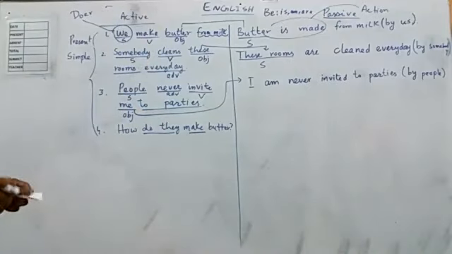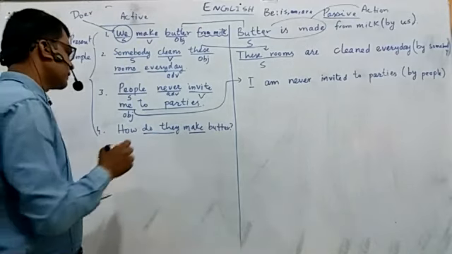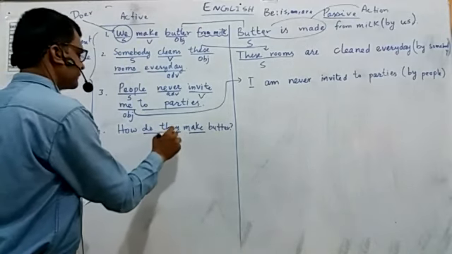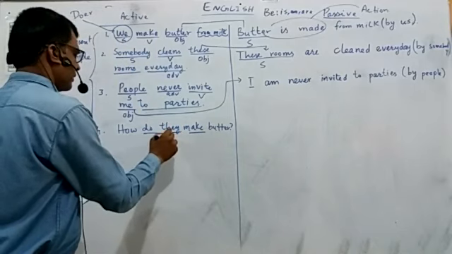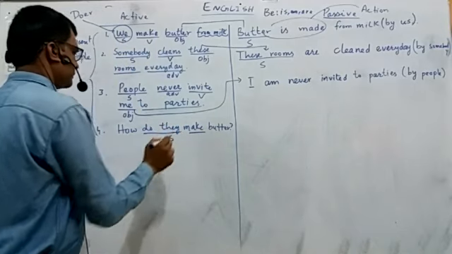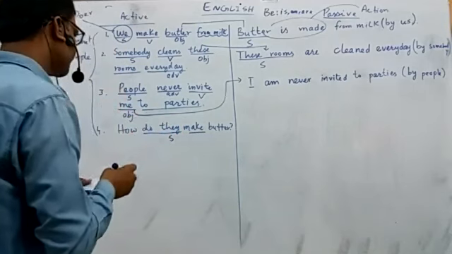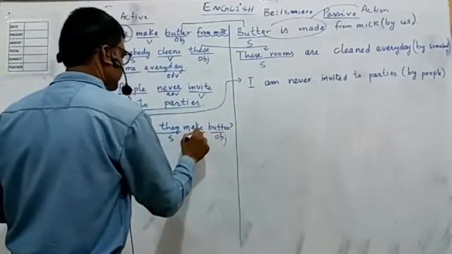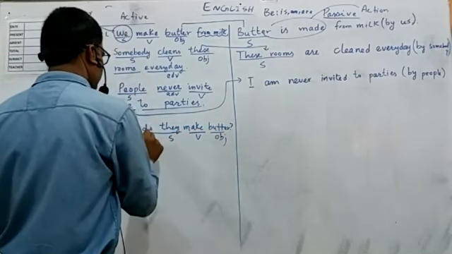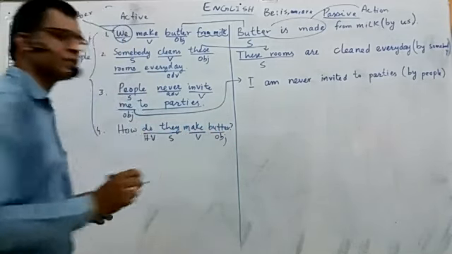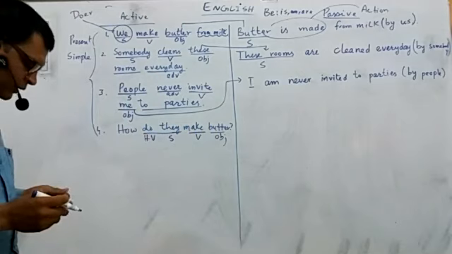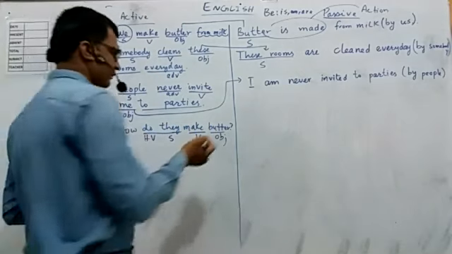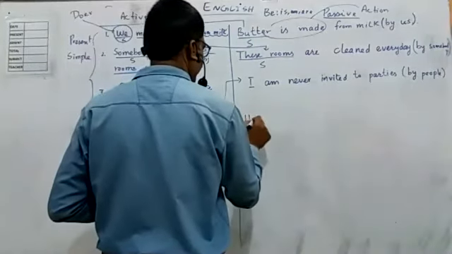Now, how do they make butter? This is a question. Again, we say that we have a subject, an object, and this is a verb, and "do" is a helping verb, and "how" is a question word. So the question word will be the same; "how" will remain the same.